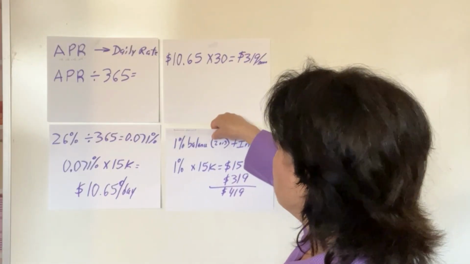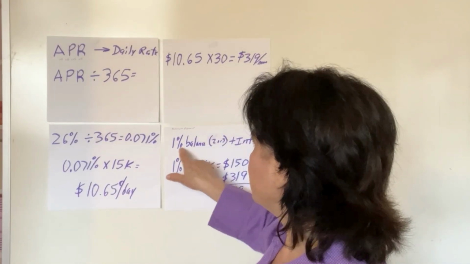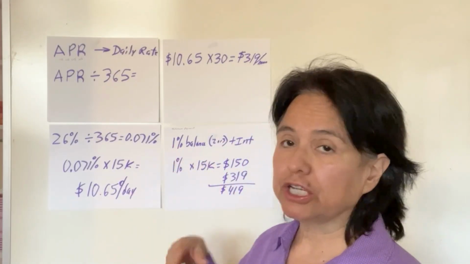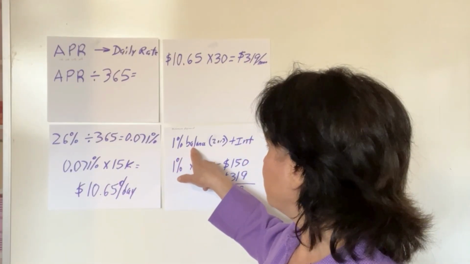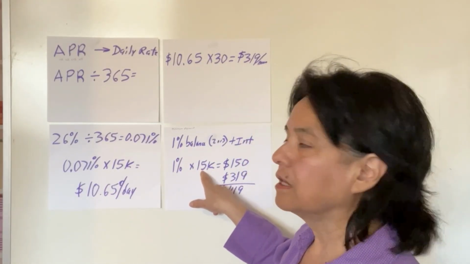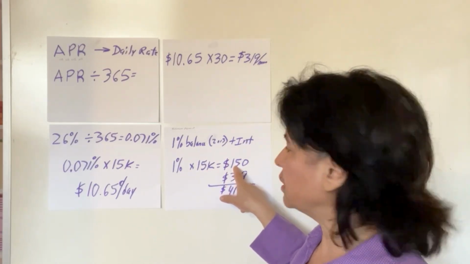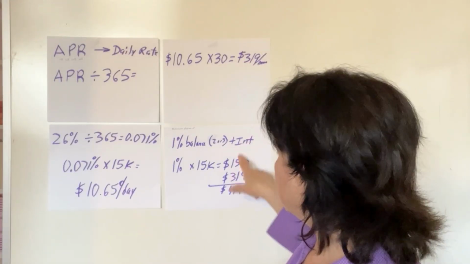So most cards will ask you to pay a little bit more. The minimum is usually 1% of the balance plus the interest. It could be 2% or 3% depending on the card. So some cards are 1%, and we're going to pretend that it is 1% of $15,000. We multiply it, it is $150 plus the interest that we calculated here.